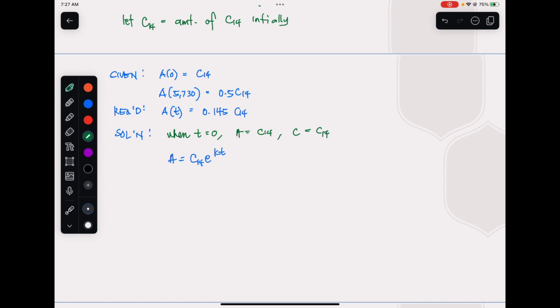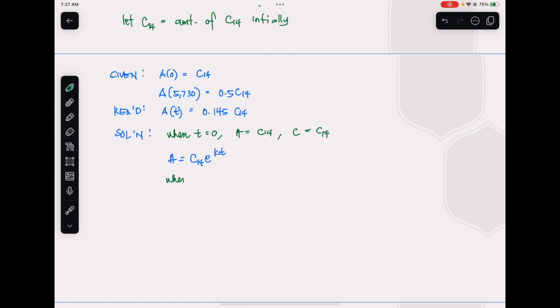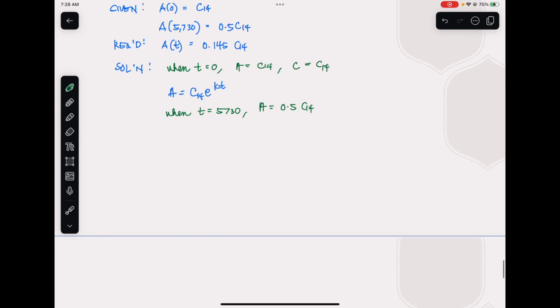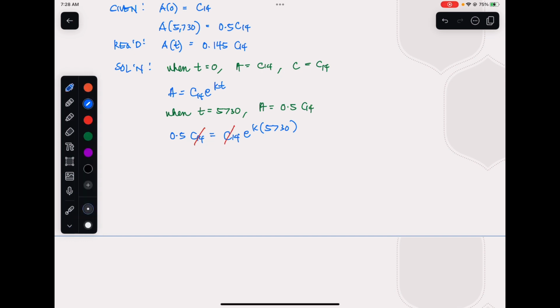And then after 5,730 years, A reduces to 50% of its original amount. So A is 0.5 of C14, which equals C14 e raised to k times 5,730. So C14 would be cancelled out.